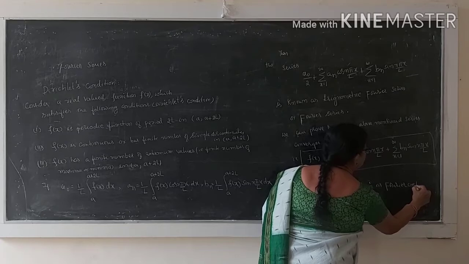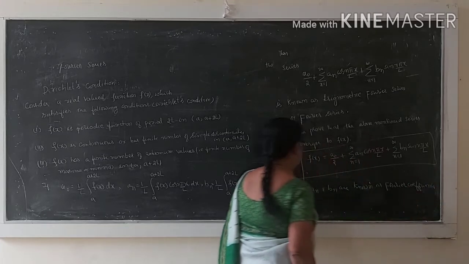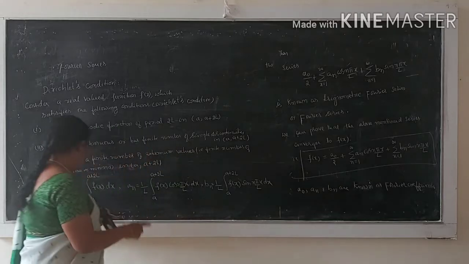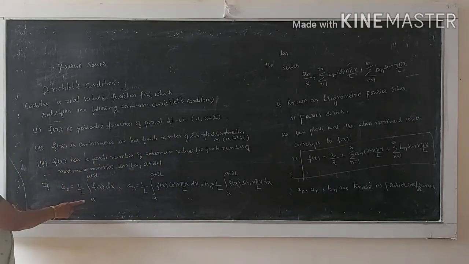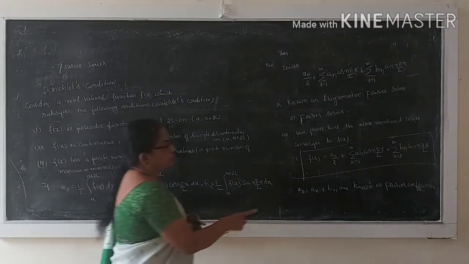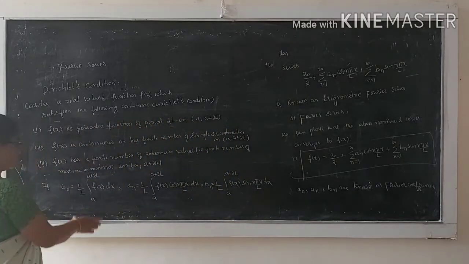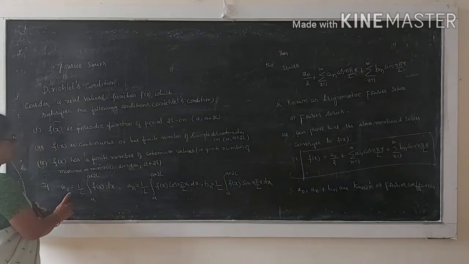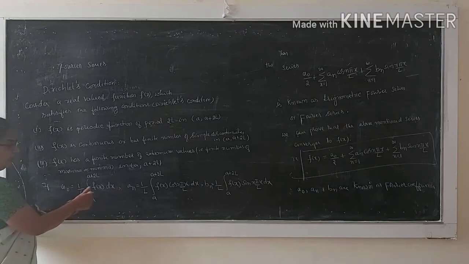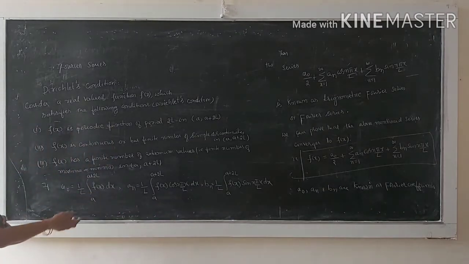That is, the values evaluated using these formulas are known as Fourier coefficients. These formulas for a0, an and bn are known as Euler's formulas for Fourier coefficients.